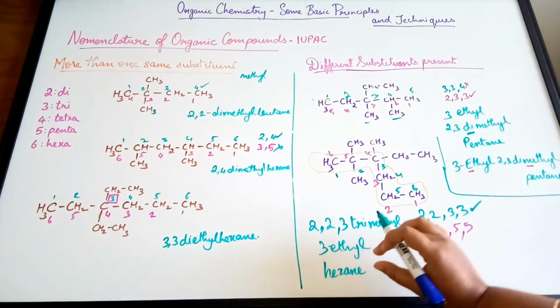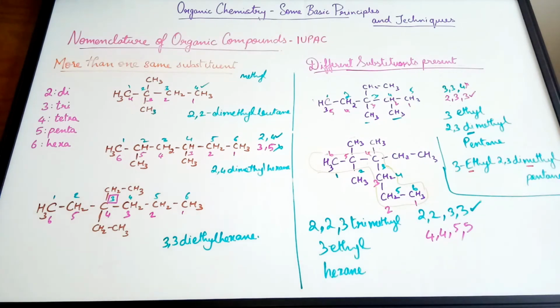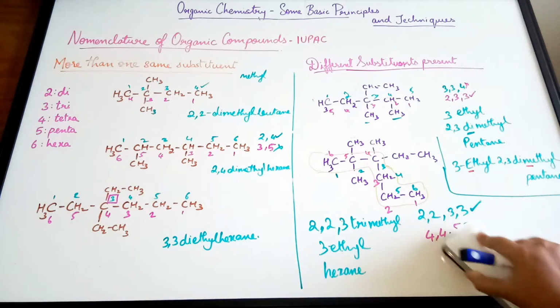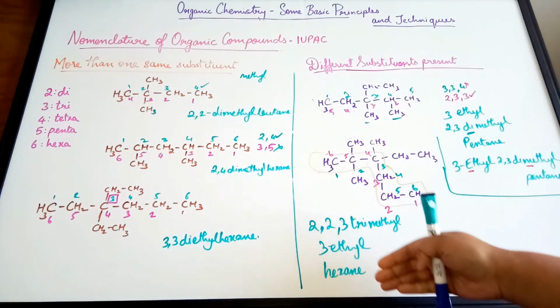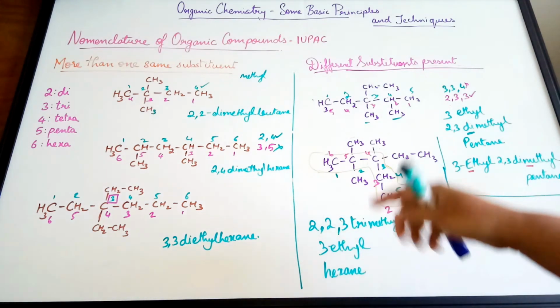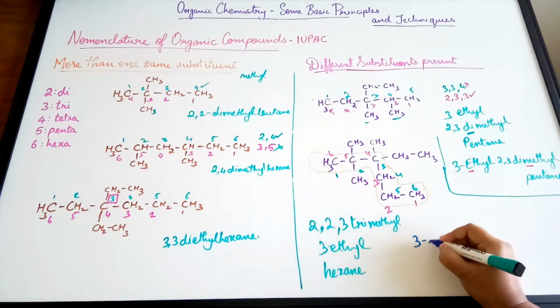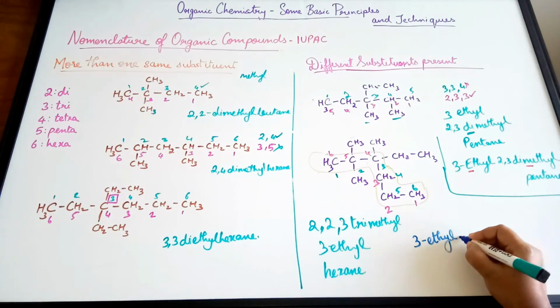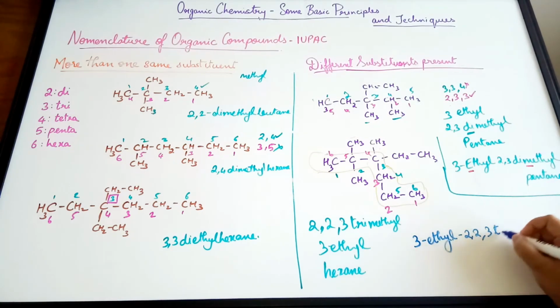This is the word root or the parent, the main chain, the longest chain. So after we learned that we need to order this in such a way that the substituents are in alphabetical order, and we will be ignoring the di, tri, penta, hexa, whatever. So the name of the compound will be 3-ethyl-2,2,3-trimethylhexane.